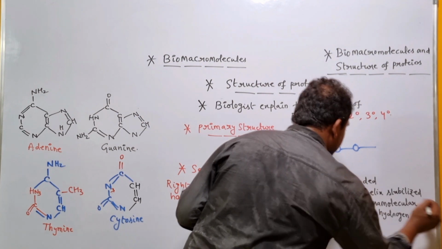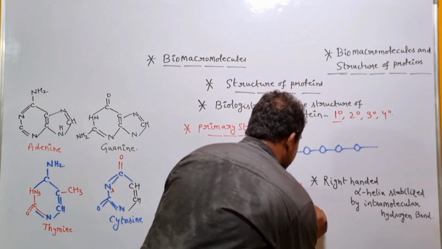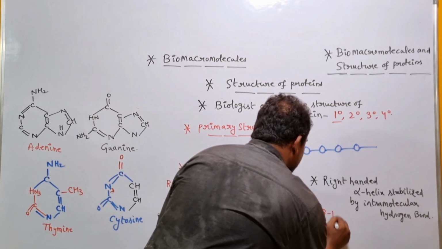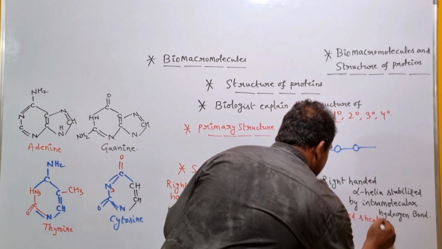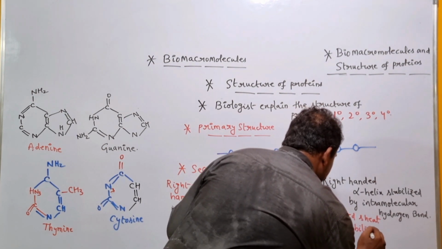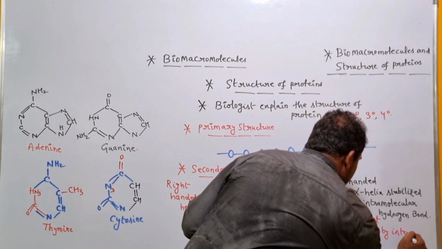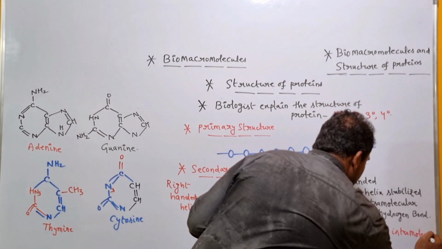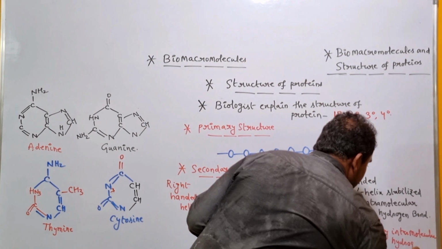In the same way, beta pleated sheet is stabilized by intermolecular hydrogen bonding.